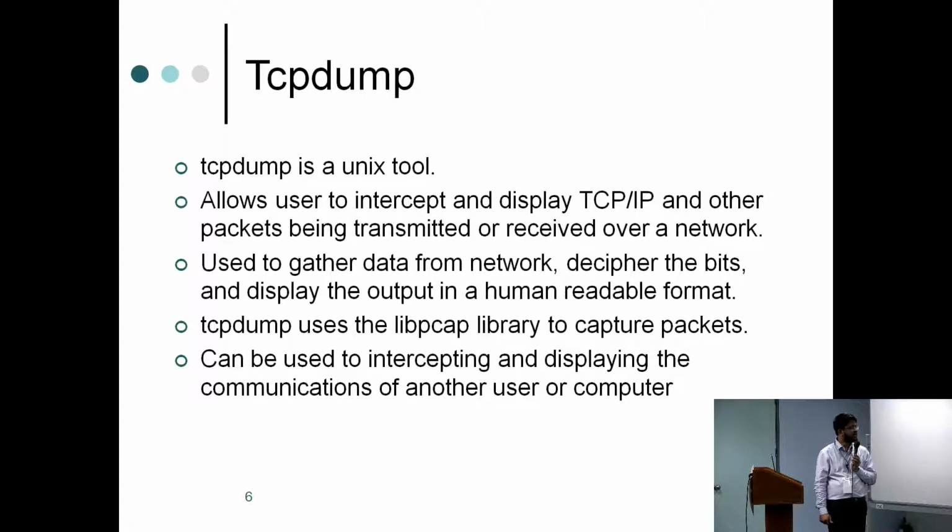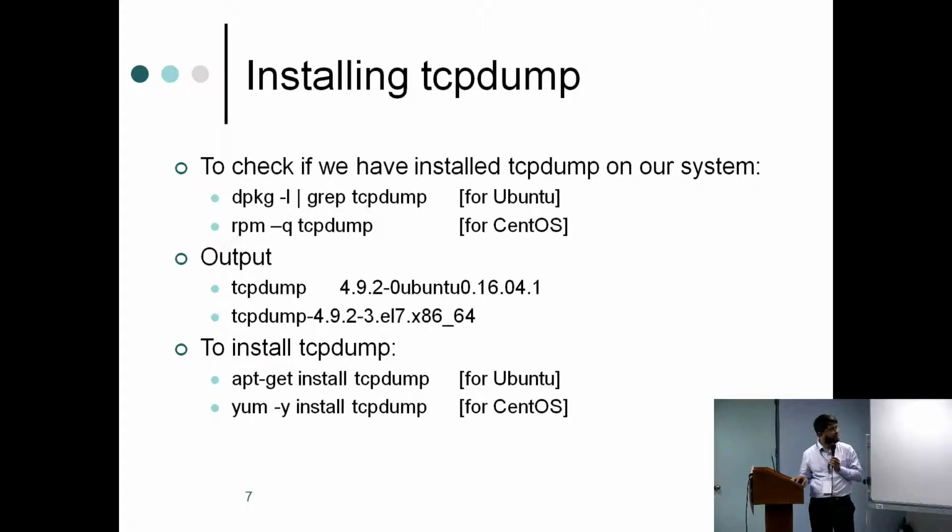So it is used to gather data from the network and decipher the bits. The packets are actually in bit format, but it can show you in human readable format. Tcpdump uses the libpcap library, and can be used for intercepting as well as showing the data.